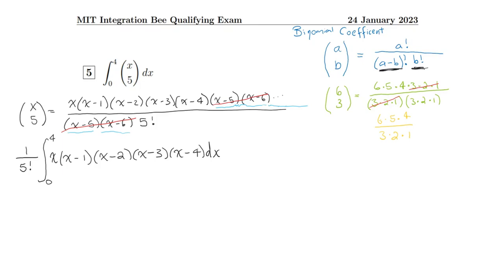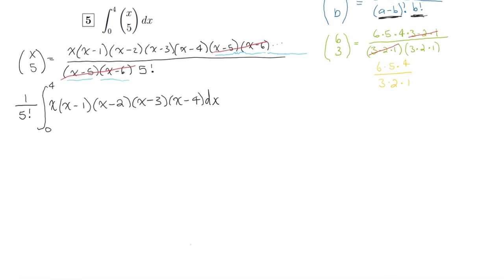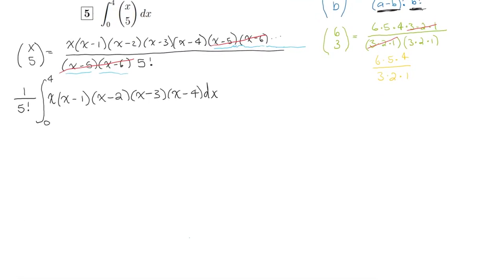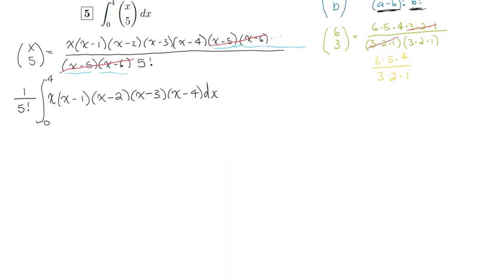Now, the really clever part about this integral is a way that we can convert it using a u substitution. Let u equal the middle term. As you notice, there are 5 terms in this integrand, and we'll let it equal the middle one. Because the term just to the right, all we did was subtract 1, and the term 2 to the right, we subtracted 2.